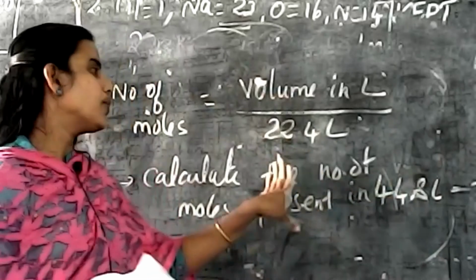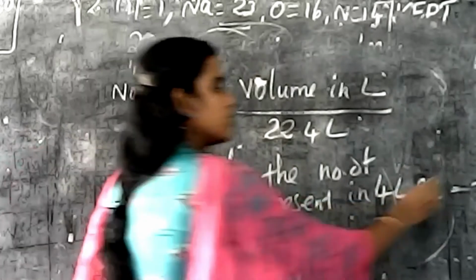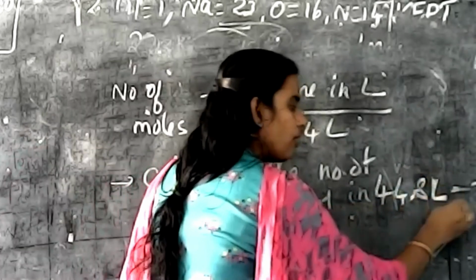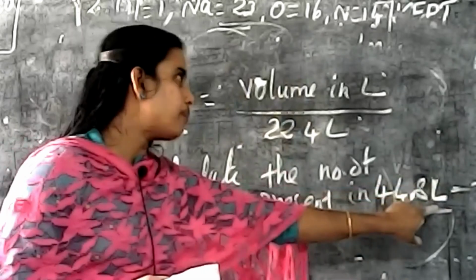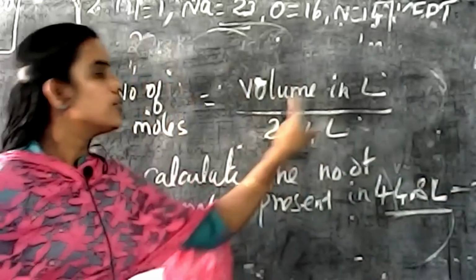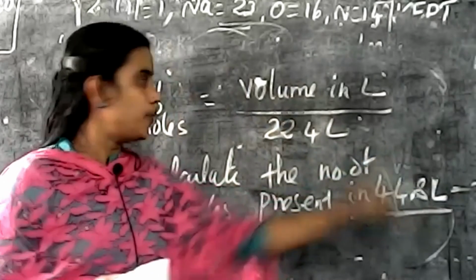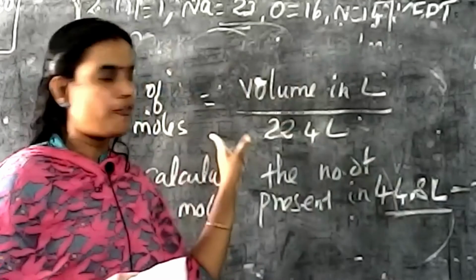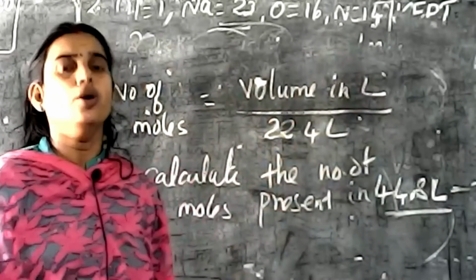Here the question contains liter, and liter represents volume. So we can use this formula: number of moles equals volume in liter divided by 22.4.